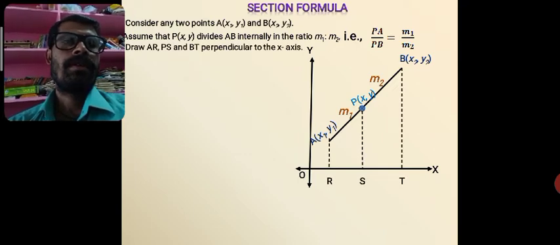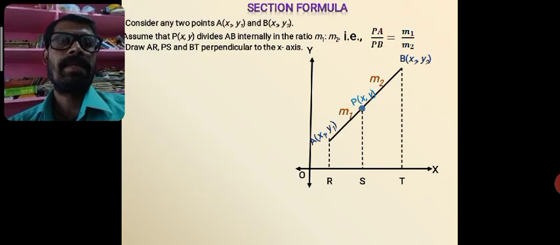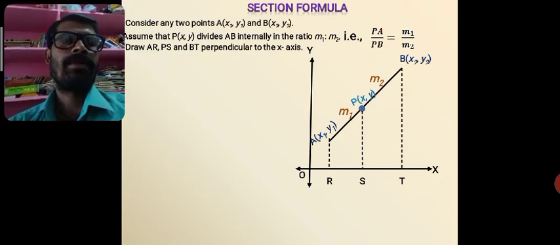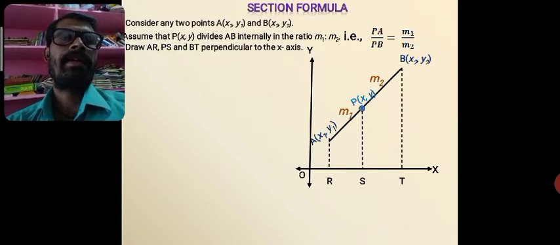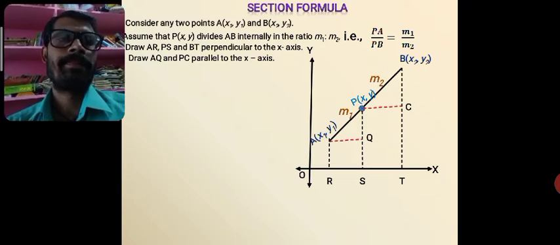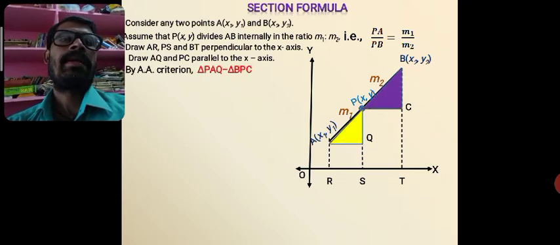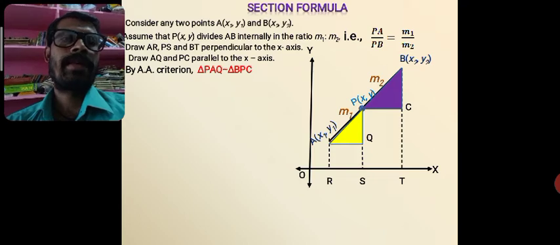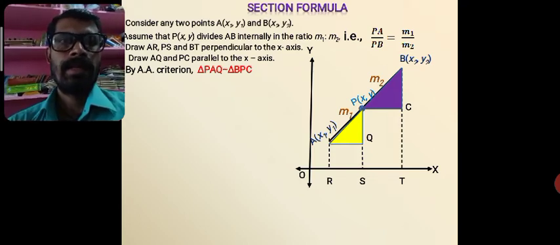So let us again draw AR, PS and BT perpendicular to the x-axis here. Let us also draw AQ and PC parallel to the x-axis. Now we are getting two triangles here. Compare those two triangles. By AA criteria, we can prove those two triangles are similar, as we discussed in similar triangles.